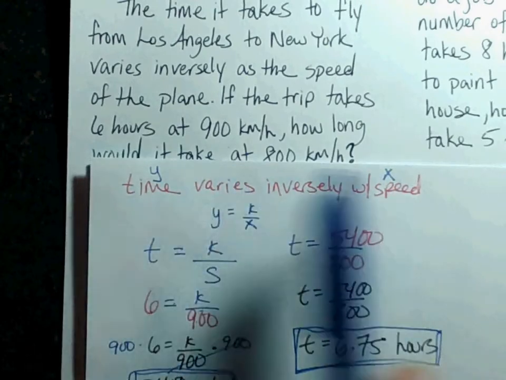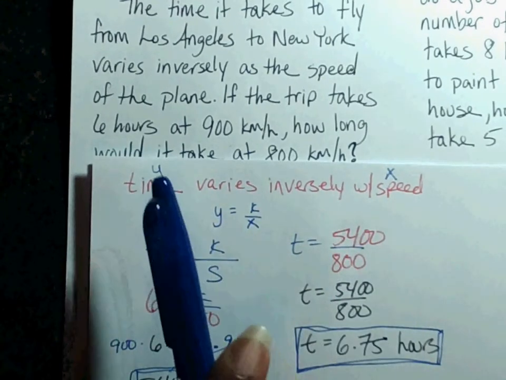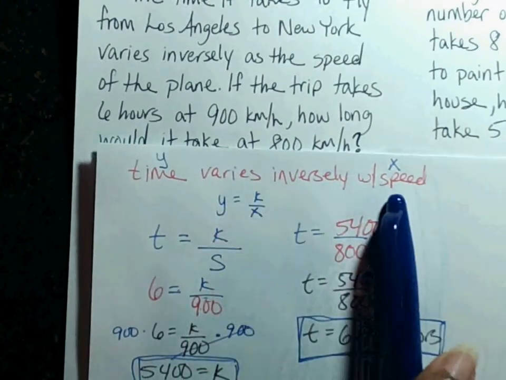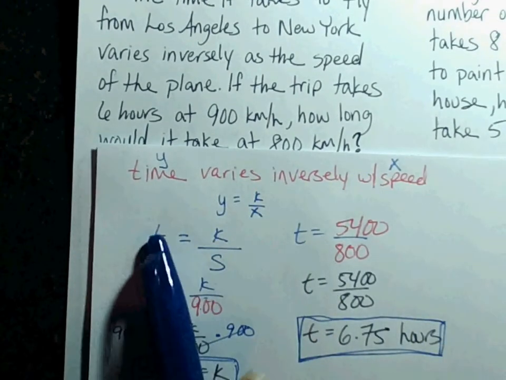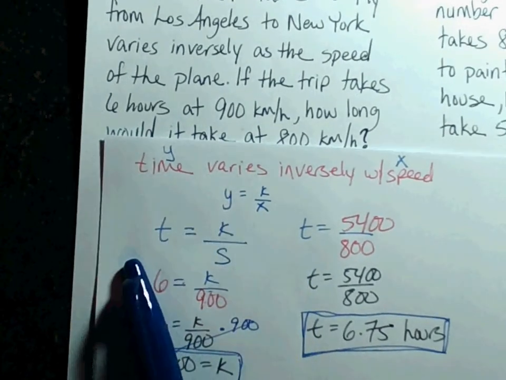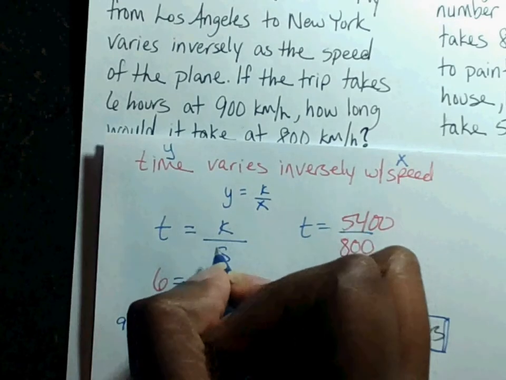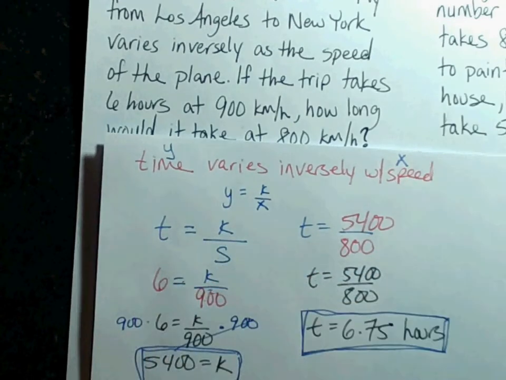Just read the problem a couple of times. Figure out what varies with what. Once you figure that out, instead of Y, instead of X, put what they're talking about. If you want to write out the word every time, time equals K over speed, do it.